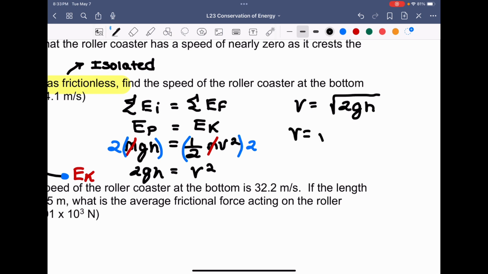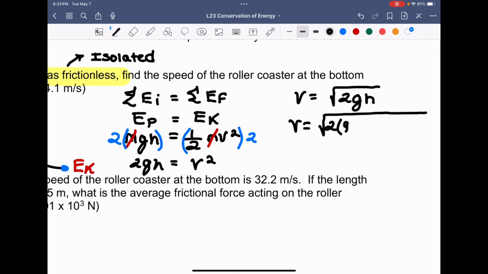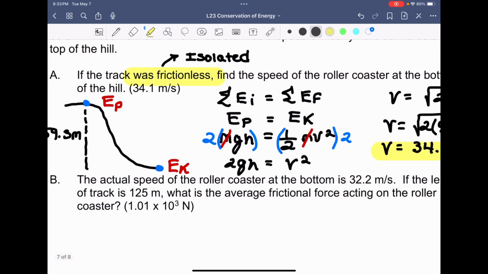Lastly, the maximum speed is equal to, plugging in our variables, the square root of 2 times 9.81 meters per second squared, multiplied by the height, 59.3. We solve that this is 34.1 meters per second right at the very bottom. This is the final maximum velocity at the bottom of the curve after it's made its descent from the top position.